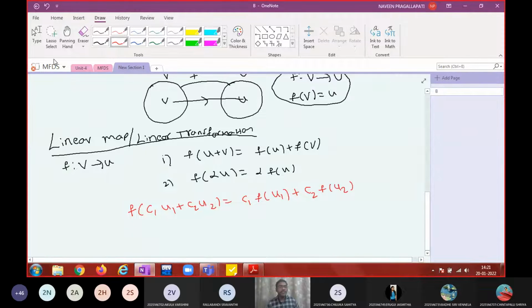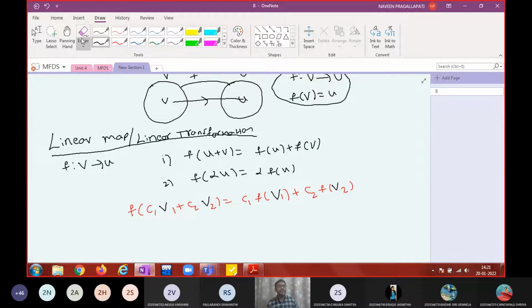Sorry, shall I change the operation notation? Because inputs I am calling v1 and v2, no?